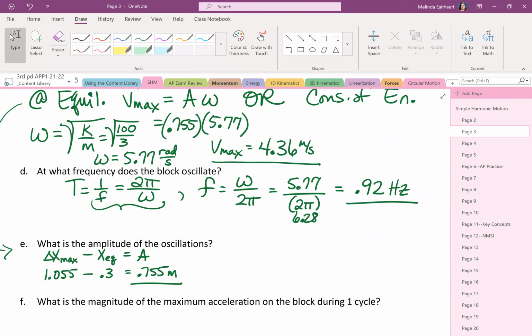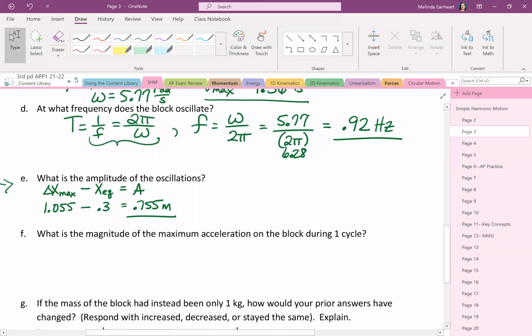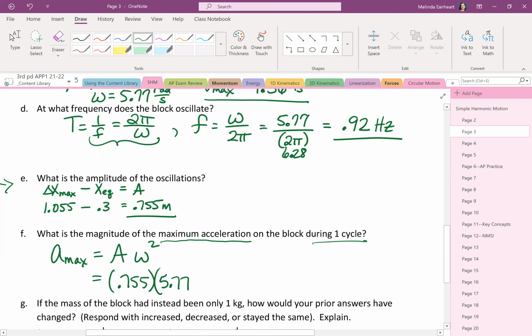All right, I think one more calculation and then some concept questions. F, what is the magnitude of the maximum acceleration during one cycle? So that a max, well, we had a derived equation from last time. Hopefully this looks familiar. Now that we know amplitude, 0.755, omega, 5.77.